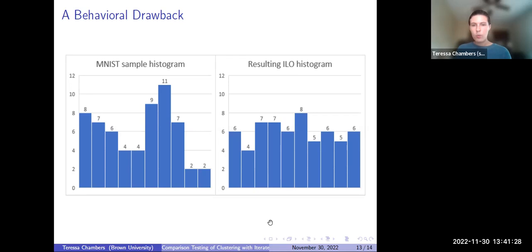And when I looked at how many things iterated linear optimization put in each of its 10 clusters, what I noticed was that it would regularly bias towards a more evenly distributed histogram. Now, k-means did not have this problem. K-means wasn't doing so well at clustering, but it wasn't doing this smoothing of the distribution.